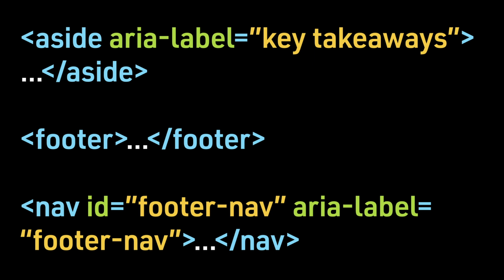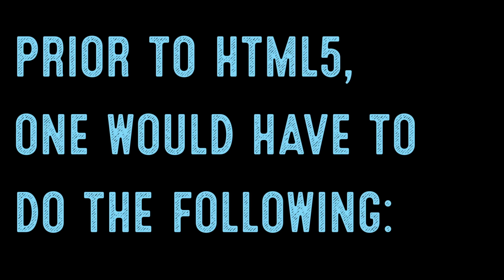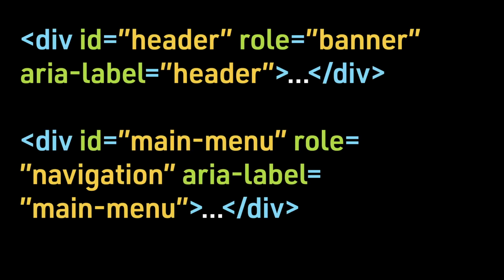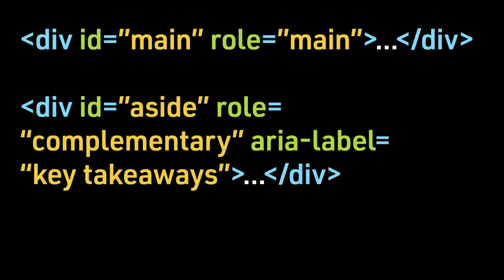End nav. Prior to HTML5, one would have to do the following. Div, ID equals header, role equals banner, ARIA label equals header. End div. Div, main menu, role navigation, ARIA label main menu, end div. Div, ID main, role main, end div.